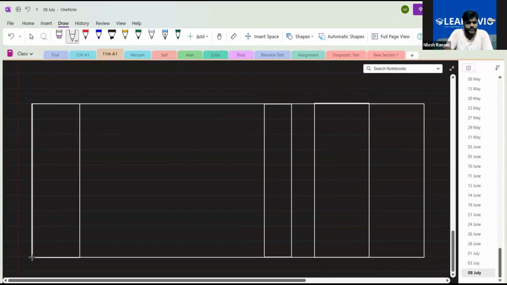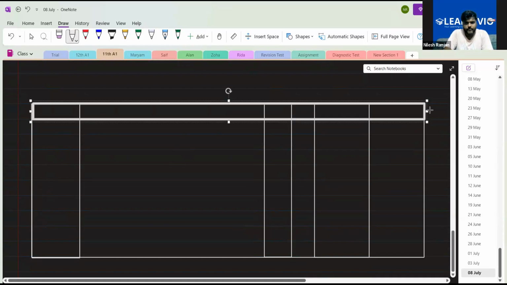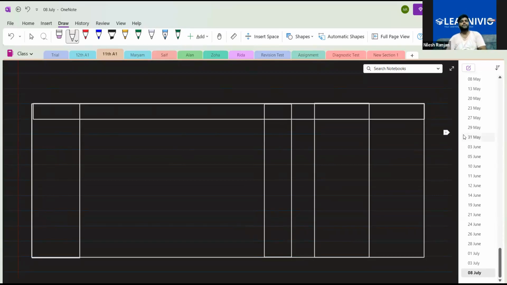Here it will be date, particulars, invoice number or voucher number you can write here. Then LF, detail, and amount. This is the purchase book of Burma Brothers.